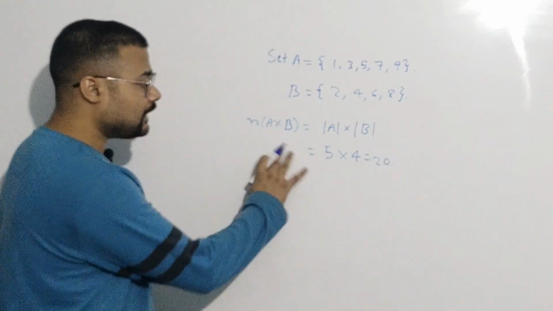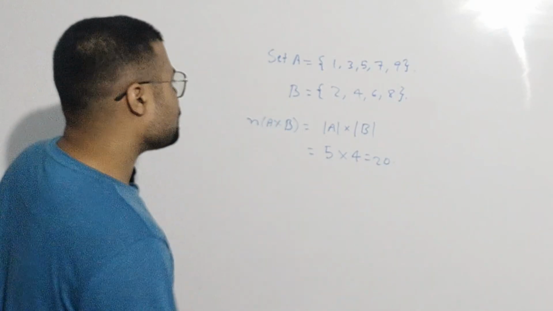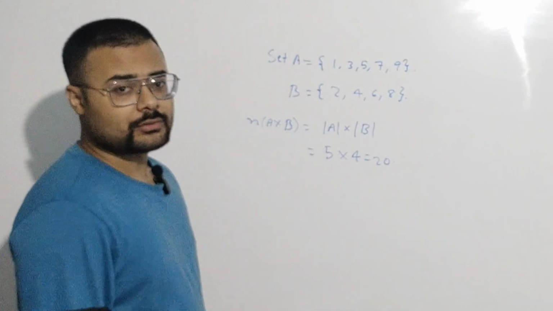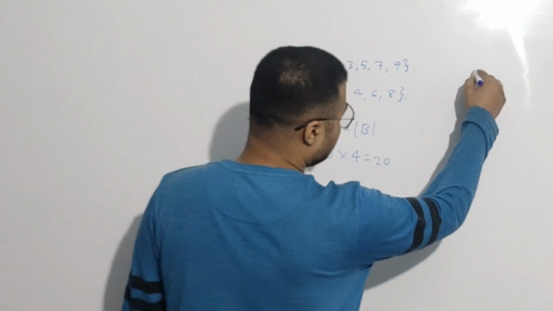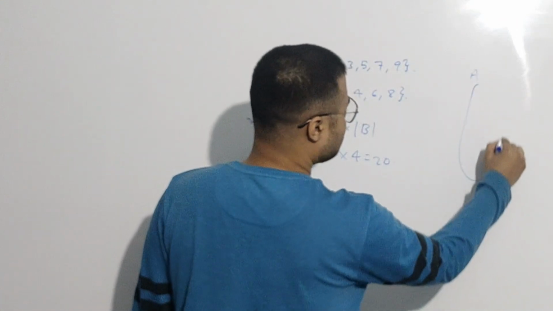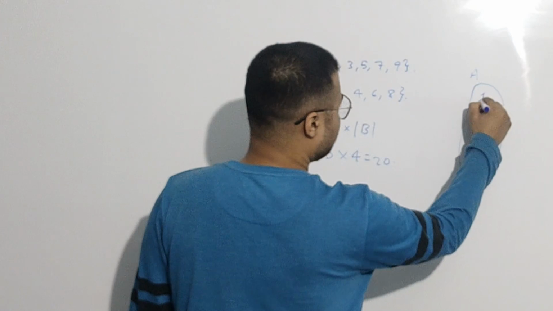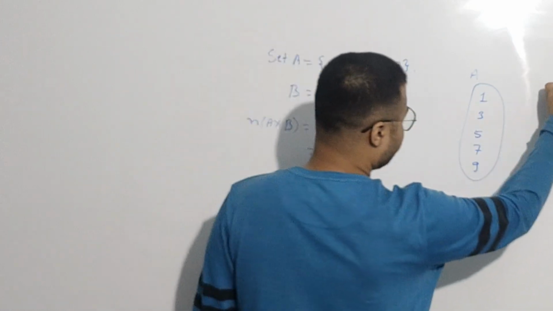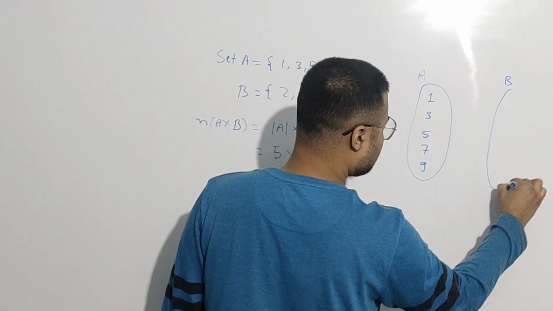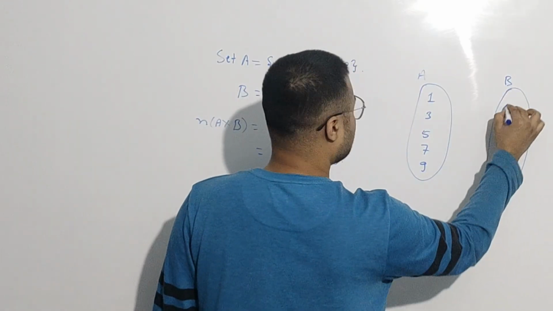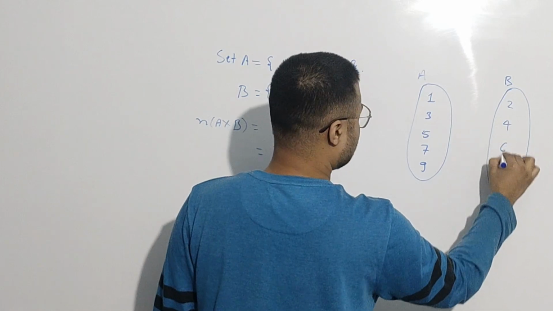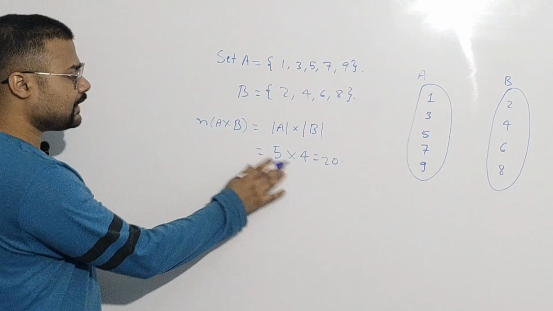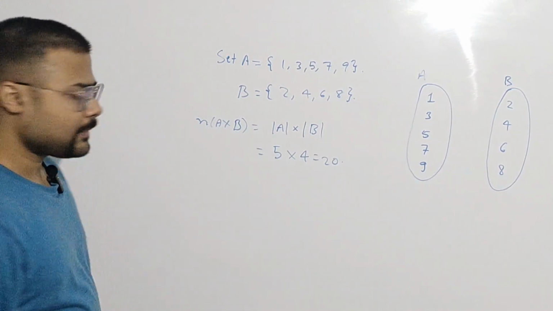So the number of elements in A cross B is equal to 20.